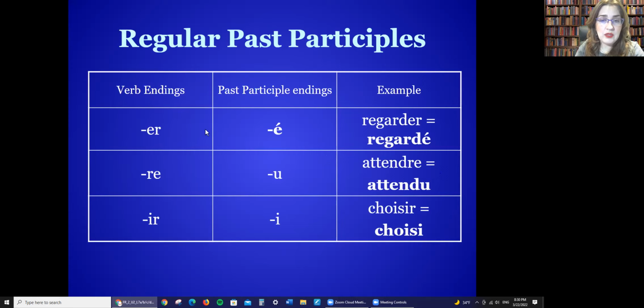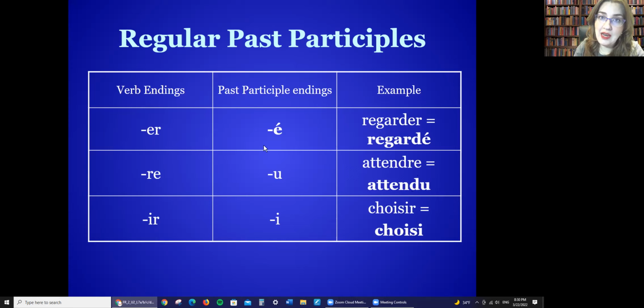The verbs ending with ER, their past participles end with E accent aigu, like so. The verbs ending with RE, their past participle ends with U, as in attendre, attendu. The regular verbs ending with IR, their past participle ends with I, as in choisir, choisi.